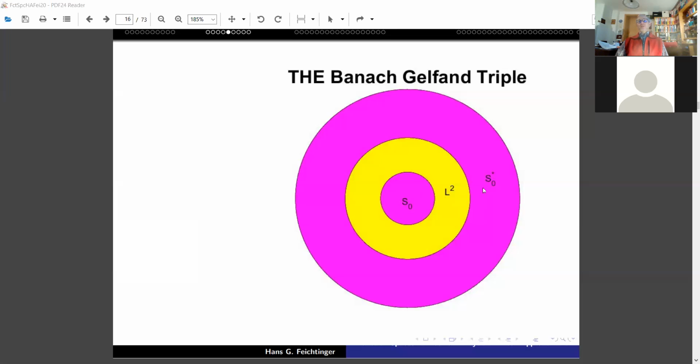In the dual space, we realize that it's not dense. You can find that S0 prime is exactly the space of all the tempered distributions which have a bounded spectrogram. So it's possible to define the spectrogram, of course, of an element of S0 prime, and it's very easy to find out that it is a bounded function.